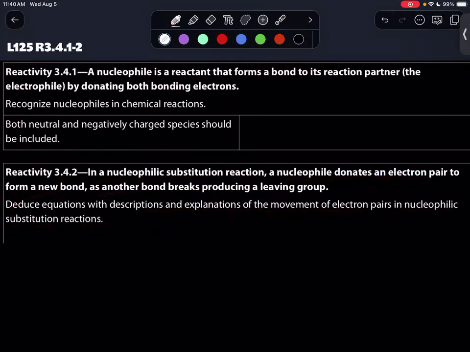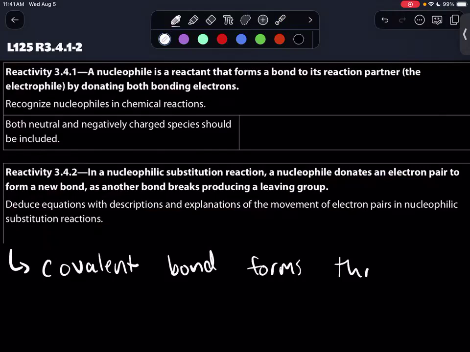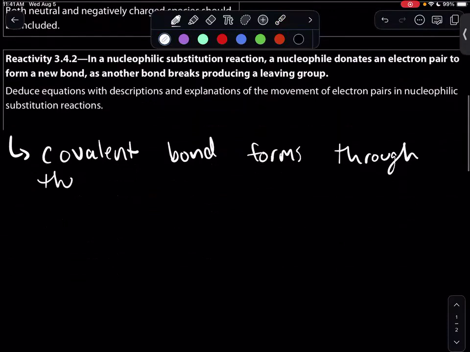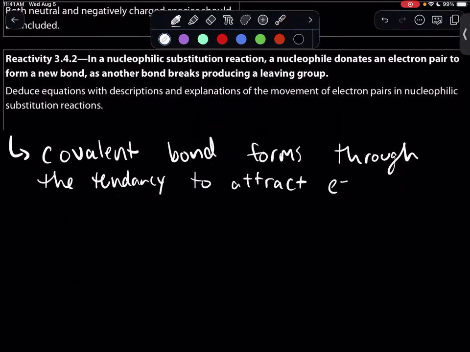We'll try and go through it succinctly, but let's just start out with the idea of a covalent bond, because we've looked at these many times before, and we know that a covalent bond forms through simply just the tendency to attract electrons which become shared.